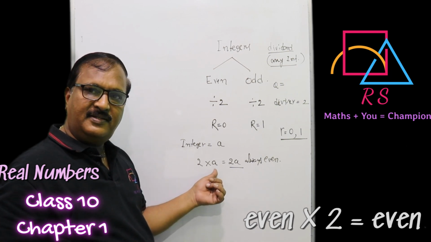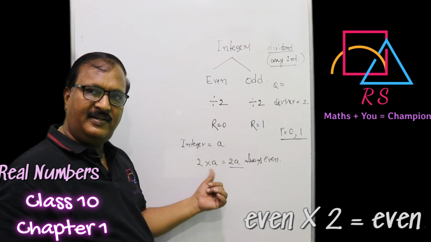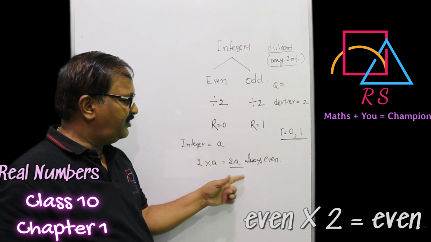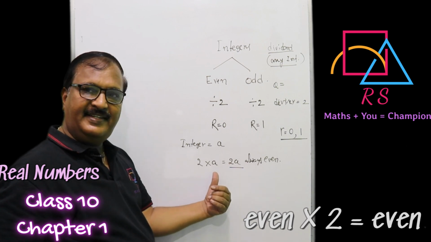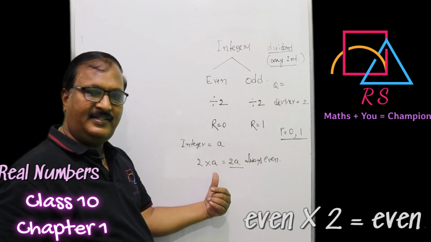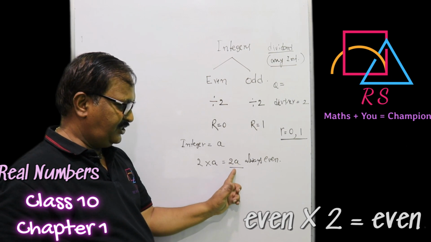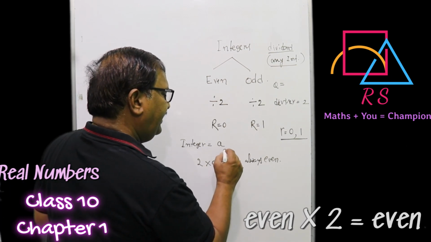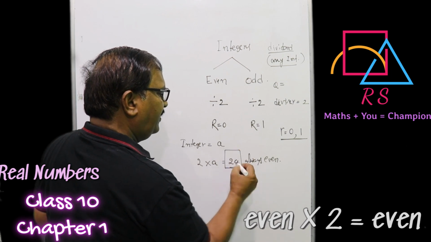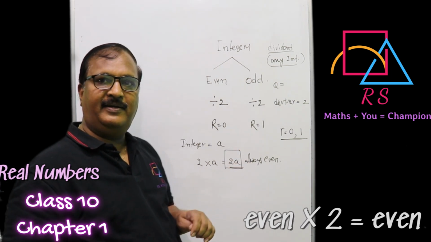There are only two possibilities, odd integers and even integers. Put an odd integer: 11 is an odd integer, 2 into 11 is 22, and 22 is an even number. Put an even integer: 8 is even, 2 into 8 is 16, and 16 is always even. So the general form of an even number is always 2a.